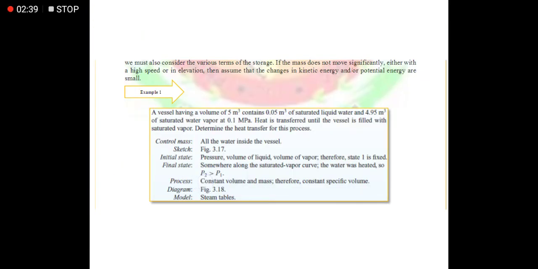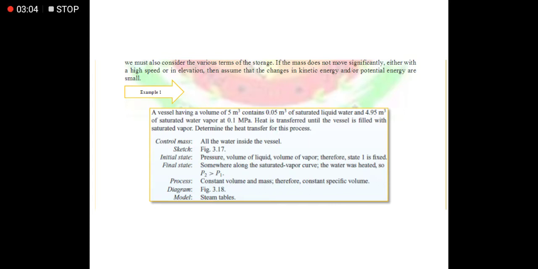Example number 1 talks about a vessel having a volume of 5 meter cube that contains 0.05 meter cube of saturated liquid water and 4.95 meter cube of saturated water vapor at 0.1 megapascal. Heat is transferred until the vessel is filled with saturated vapor. Determine the heat transfer for this process.